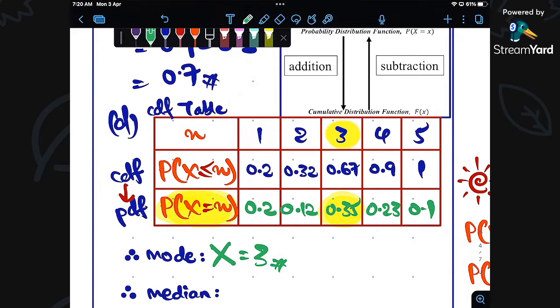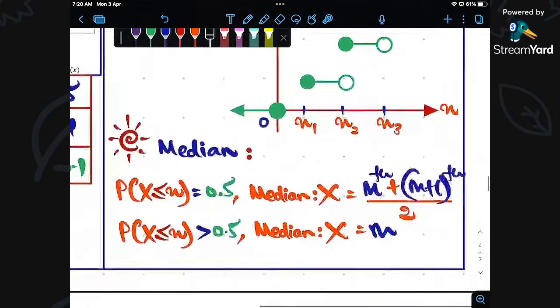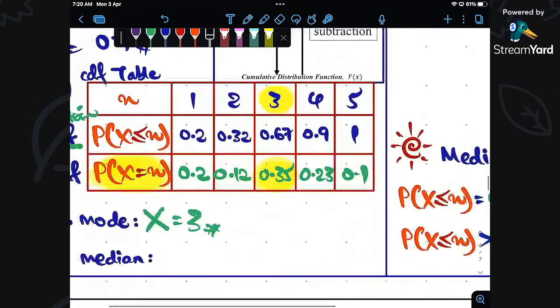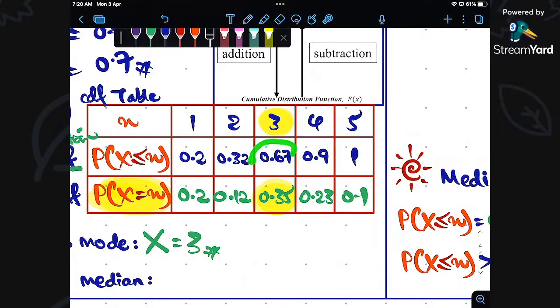The median now, the median is where we have to look at the CDF. The median is where you either have more than 0.5, or exactly equal to 0.5. So you look at your data here. This is not exactly 0.5.